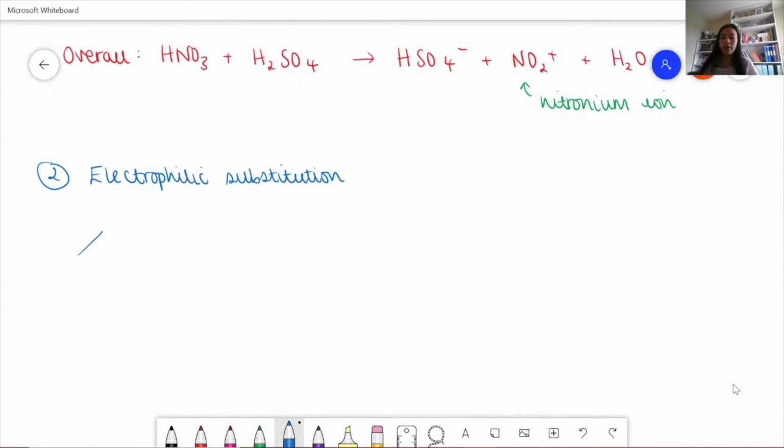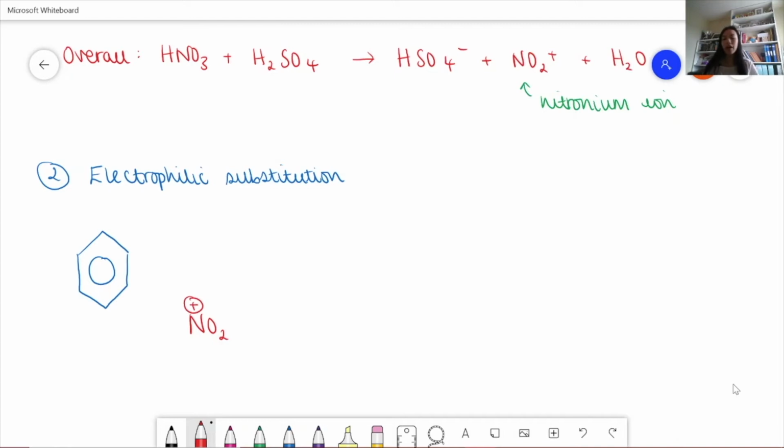So we'll have benzene here. And then what we have is the electrophile, which is the NO2 plus. NO2, and I'm going to draw a plus onto the nitrogen.